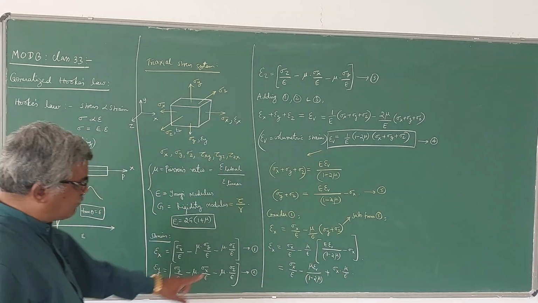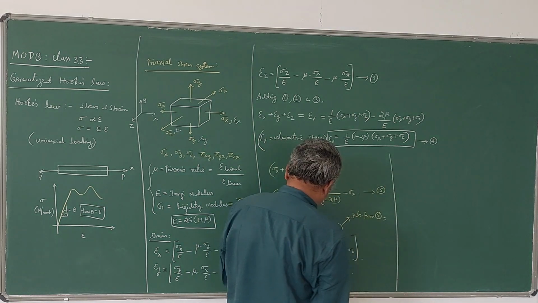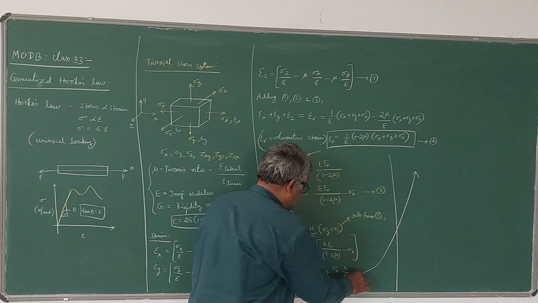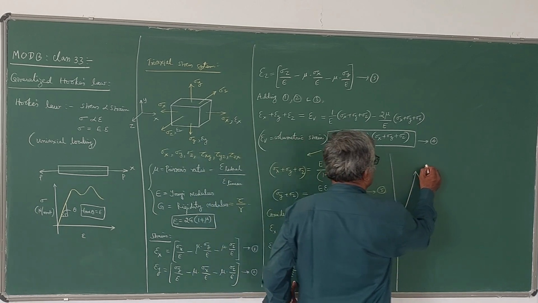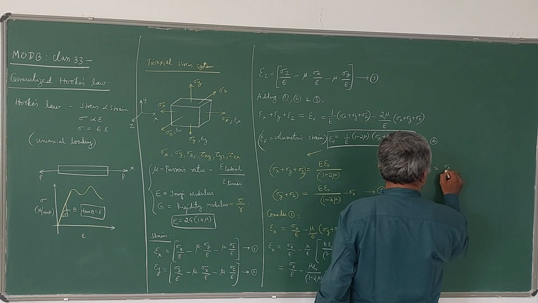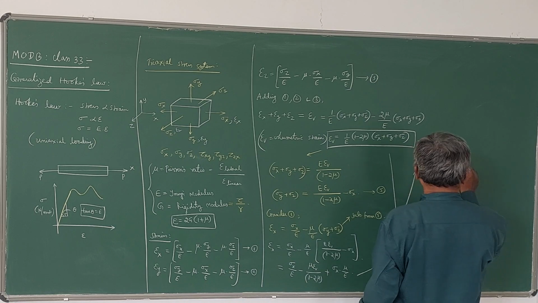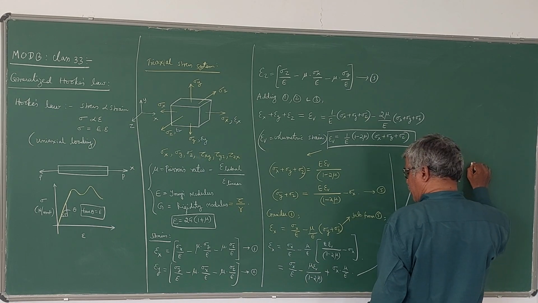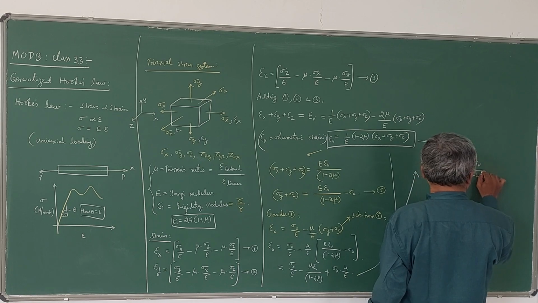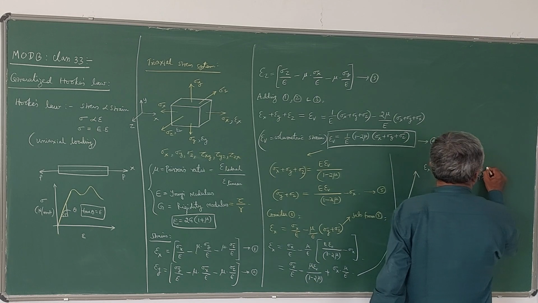Now I will combine the sigma x terms together. So epsilon x is equal to sigma x by E, I can take common, into mu times epsilon v by 1 minus 2 mu plus mu.